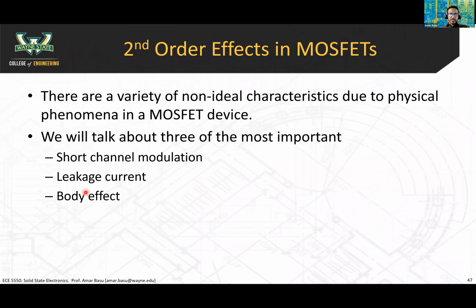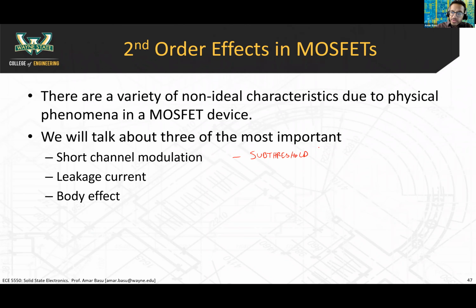Okay. There's a variety of non-ideal effects that happen due to different types of physical phenomena in a MOSFET. A lot of these are due to miniaturization. We'll talk about the short channel effect. We'll talk about leakage currents. We'll talk about a third thing here. I'm going to add this: subthreshold currents.